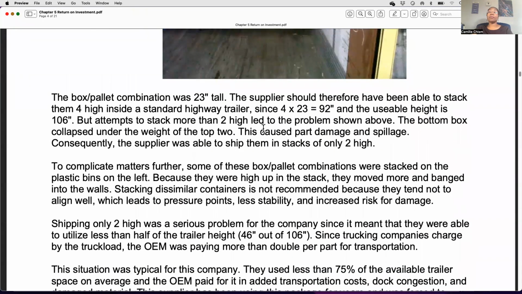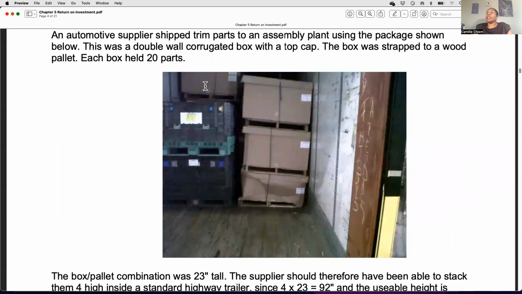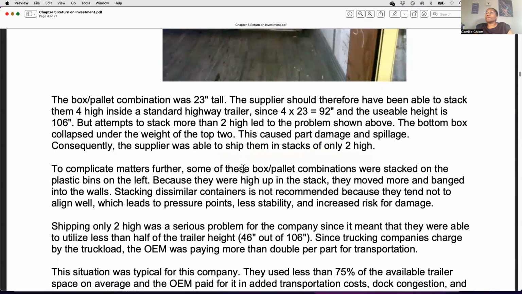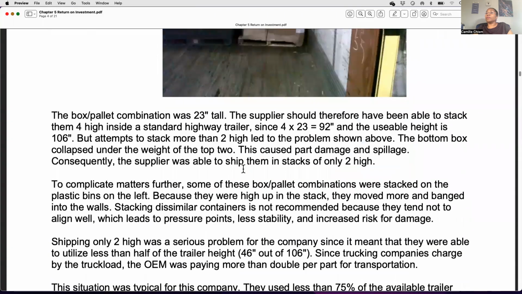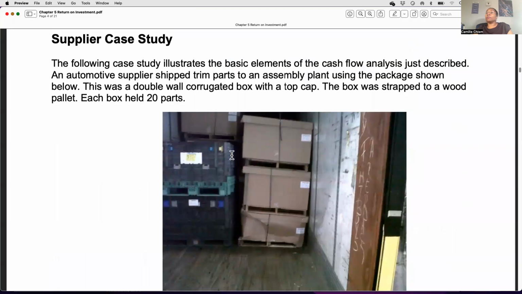So to complicate matters further, some of the combinations are stacked on plastic bins. Like you see here, this box is on top of the plastic bin. But because they were up high and they were on a pack that really wasn't made to be stackable on top with a pallet like this, they move more.